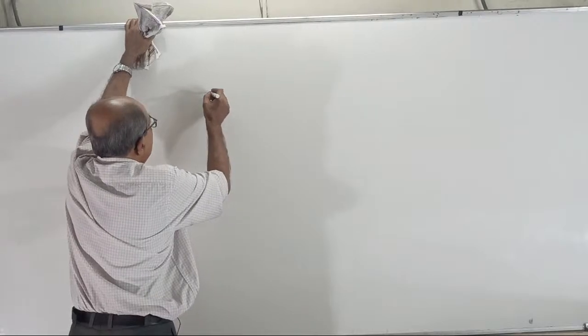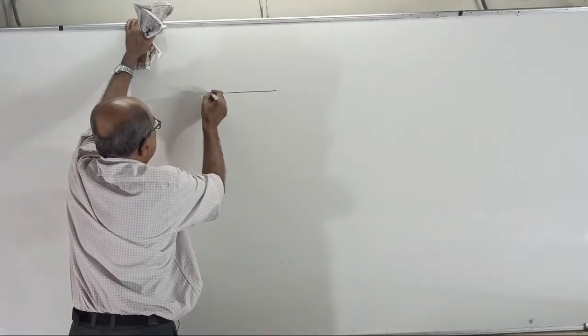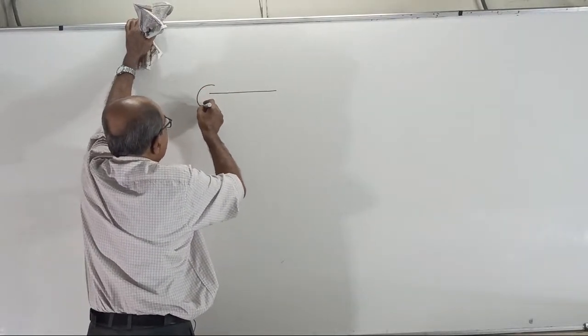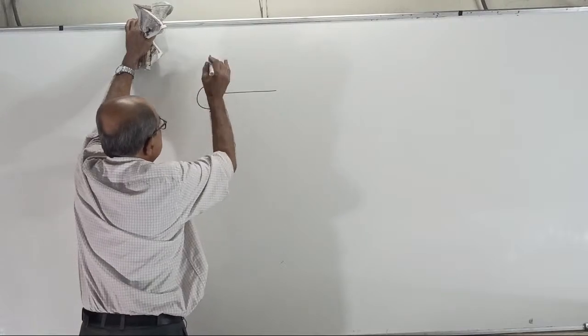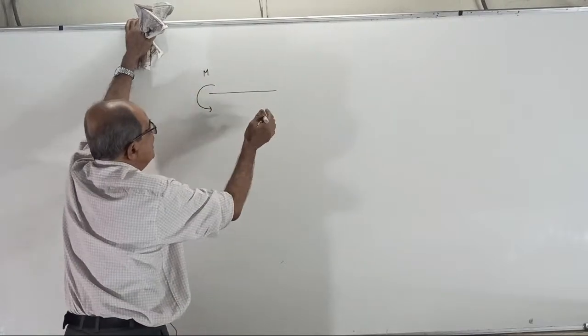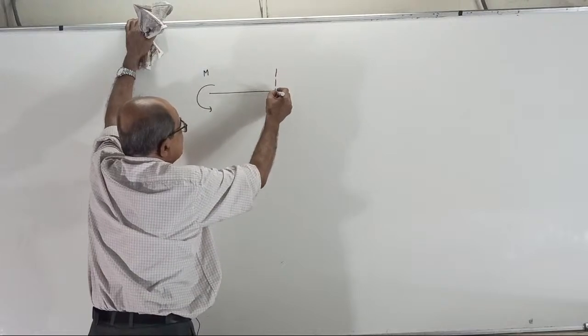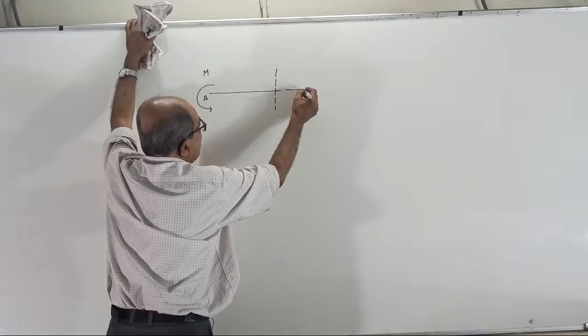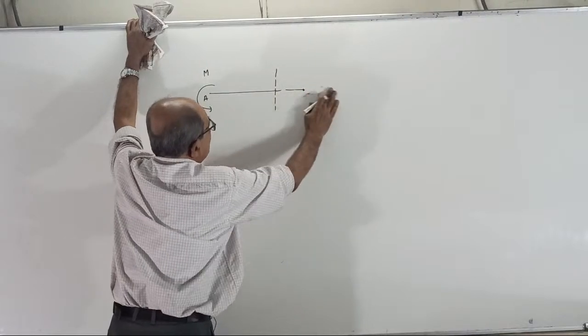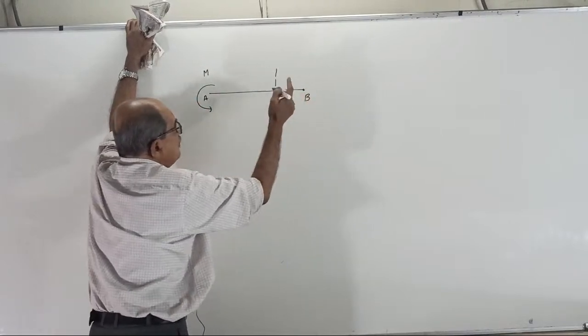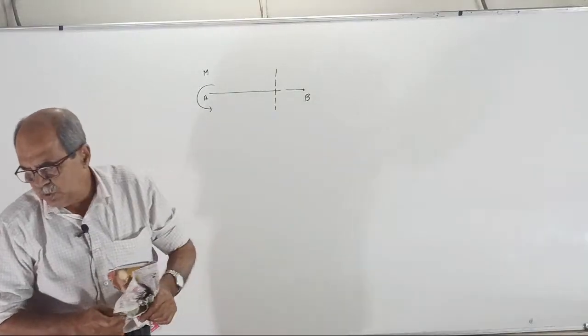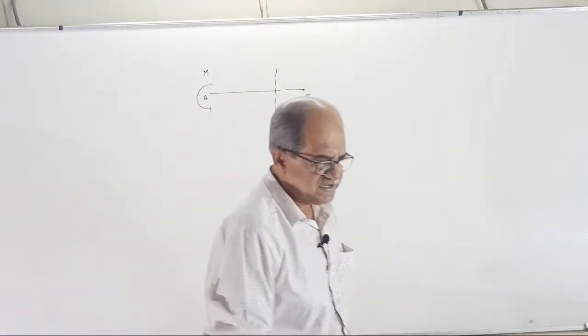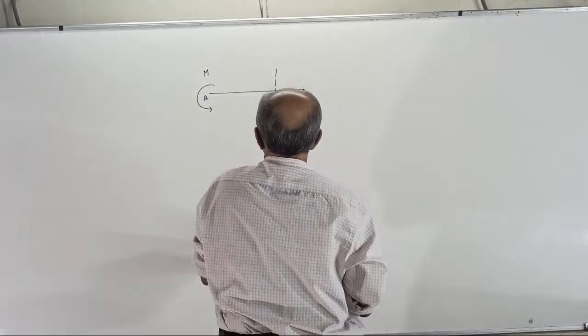Just for example, make a note. Suppose there is a couple M acting here, clockwise or anti-clockwise. We want a section XX here, a point A here. Imagine one more standard point B is here. Take B as the right end. Two points, A and B, standard points. Between them, take a section XX.